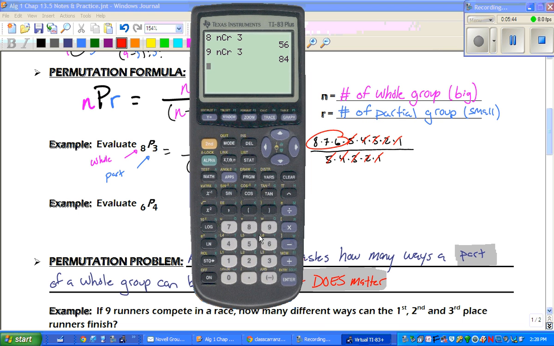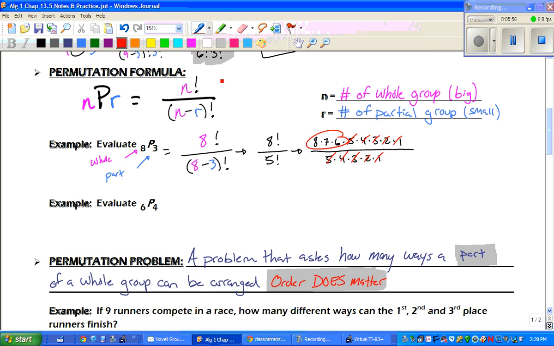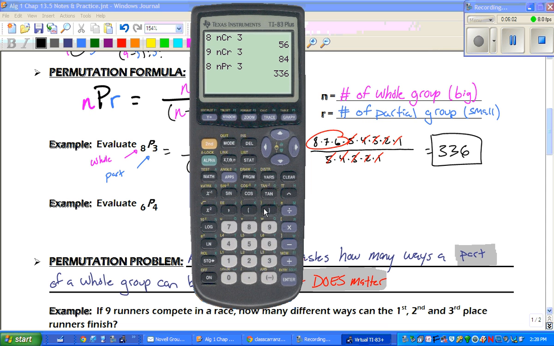And let's find out something. So we've got 8. Now we're doing nPr, so make sure you're using a different button now. 3 is 336. So 336 is our final answer. Well, what's 8 times 7 times 6? 336. What do you know?